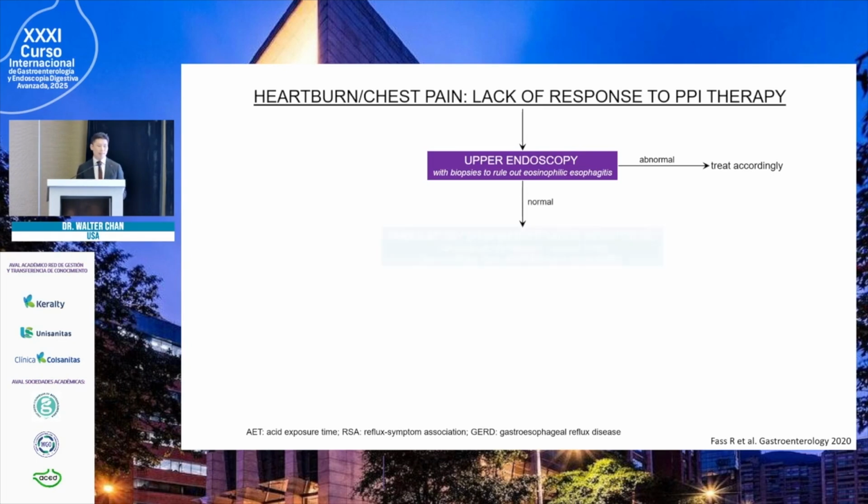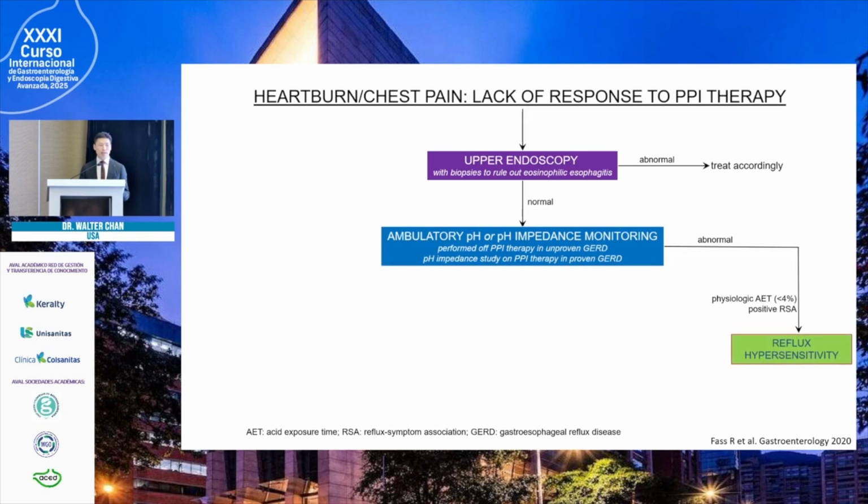If the endoscopy is normal, then you think about doing a set of reflux testing like ambulatory pH testing or pH impedance testing. If that's abnormal with a positive reflux symptom association, but a normal acid exposure time, those patients you can classify as reflux hypersensitivity. If they have an increase in acid exposure time to greater than 6%, those are patients with GERD.